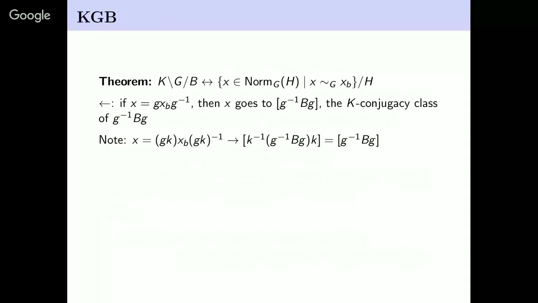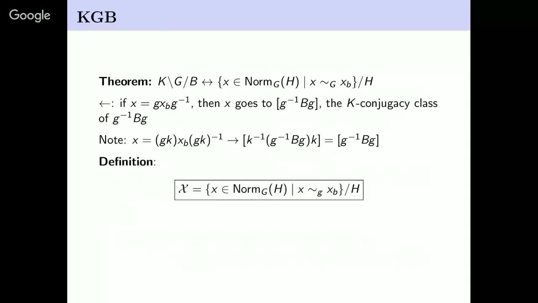All righty. So here's a definition. The space X is this space appearing in the theorem. It's the elements of the normalizer of H which are conjugate to this fixed XB, modulo conjugation by H. This is a finite set. And for those of you who might be looking at other sources, this is actually what I usually denote as X with brackets XB.